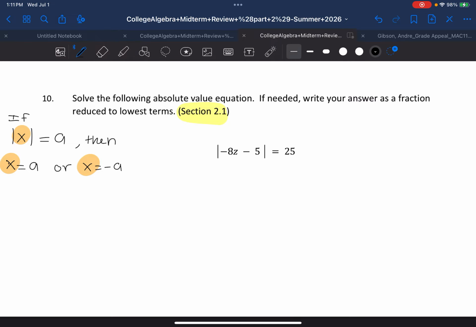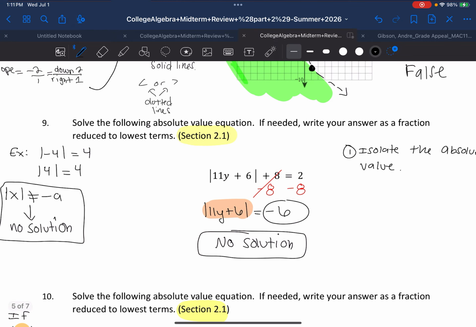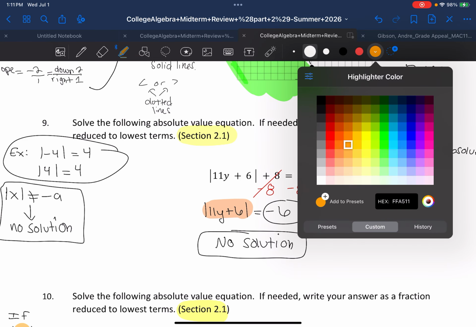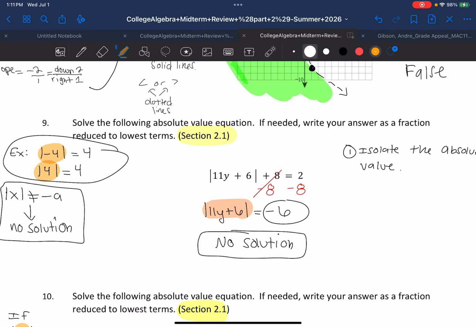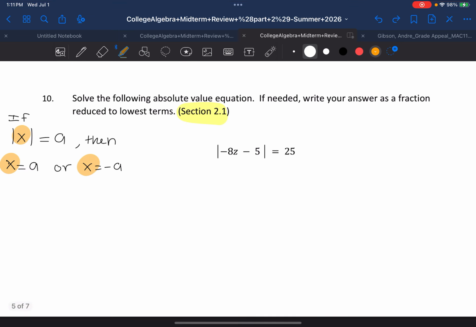And that's, again, because if we look back at this example up here, if the answer is positive 4, the expression on the inside could have been negative 4 or positive 4. So that's why we take the entire expression inside of the absolute value and set it equal to the number 25 that it has right here.